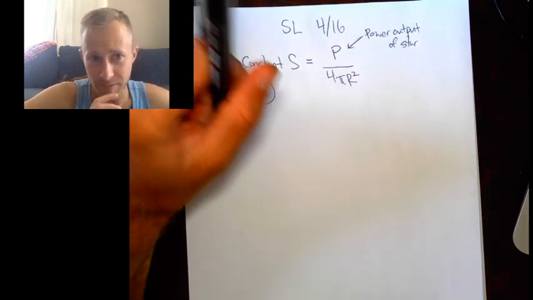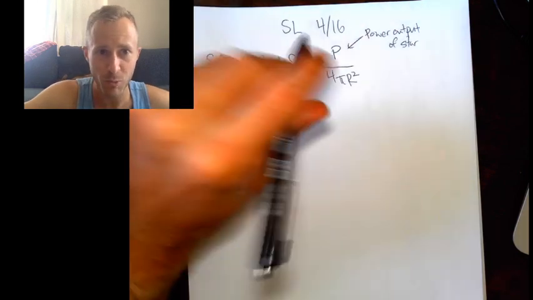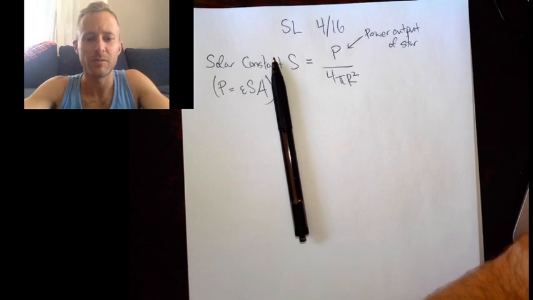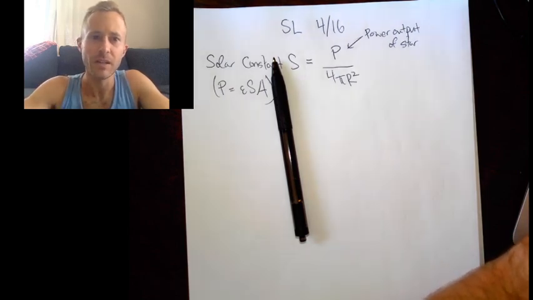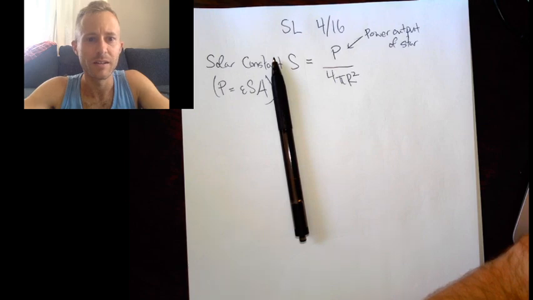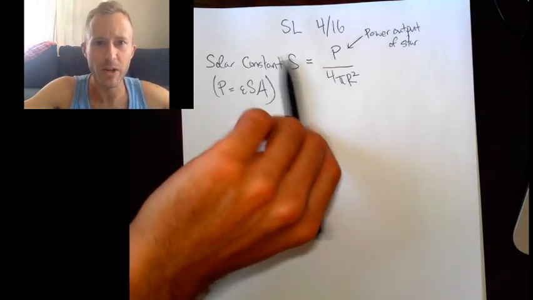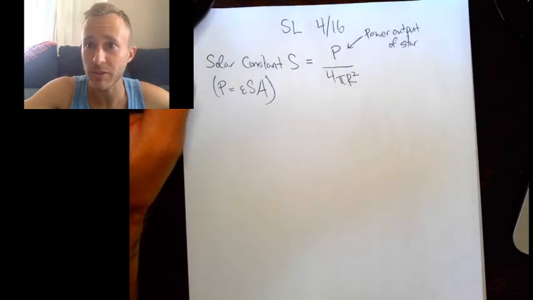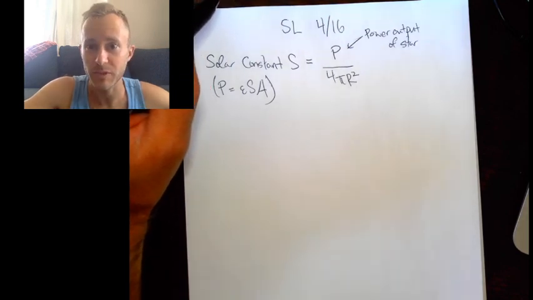I believe it's like 10 to the 36 watts or something. Let me look it up. Yeah, 3.8 times 10 to the 26 watts is the power output of the sun. So it's a huge amount of power.